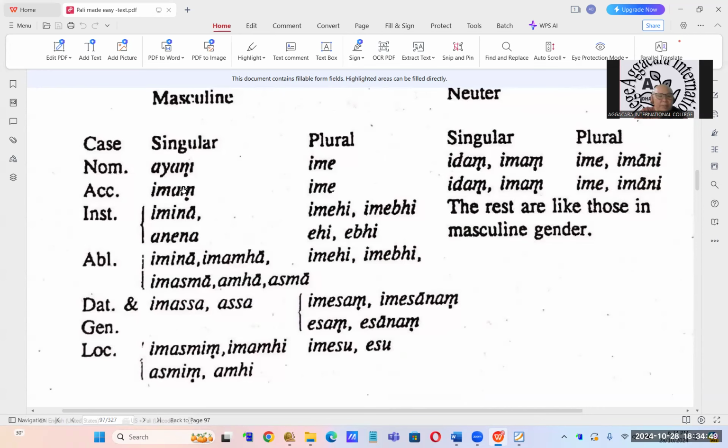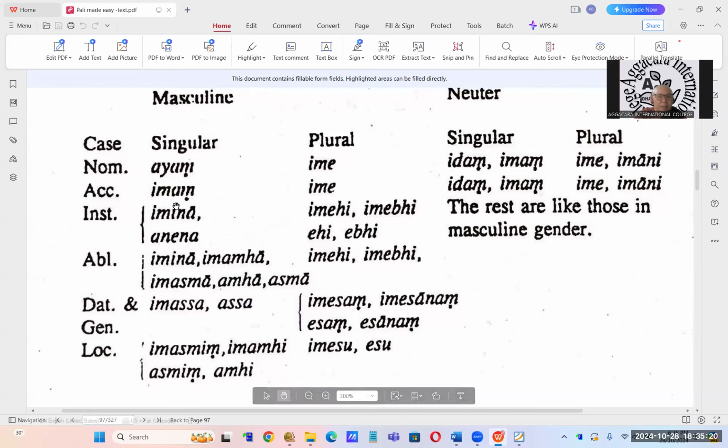So ayam, ime, but neuter is idam, imam, ime, imani. The most significant is this ni, like palani, which always refers to neuter. The rest here is actually the same as Pulisa or Buddha. The declension is quite similar, so you just need to look at it the first time only.